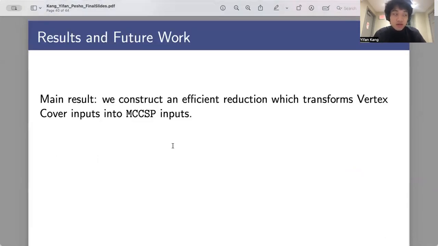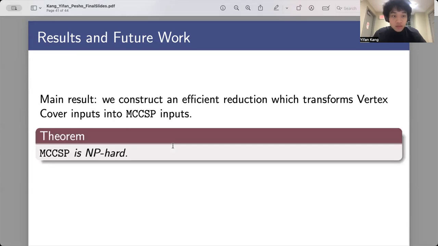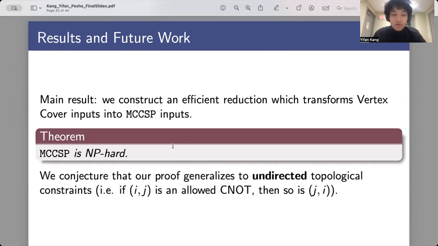Our main result in this research is that we built an efficient reduction from the input of vertex cover to the input of MCCSP, so that we prove that MCCSP is NP-hard. And we conjecture that our proof can generalize to undirected topological constraints, which means that if i,j is an allowed CNOT gate, then so is j,i.